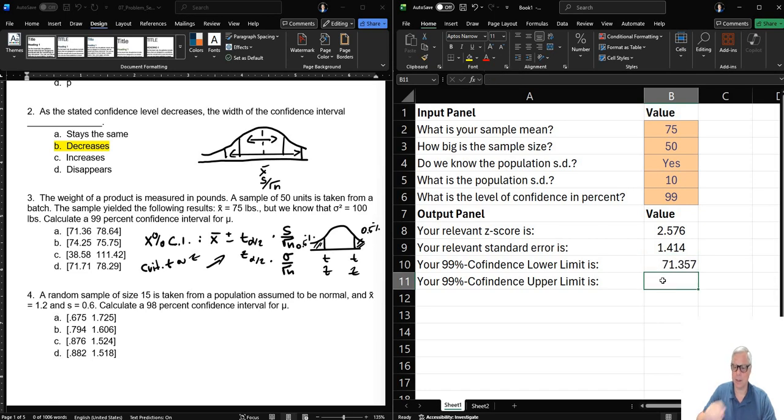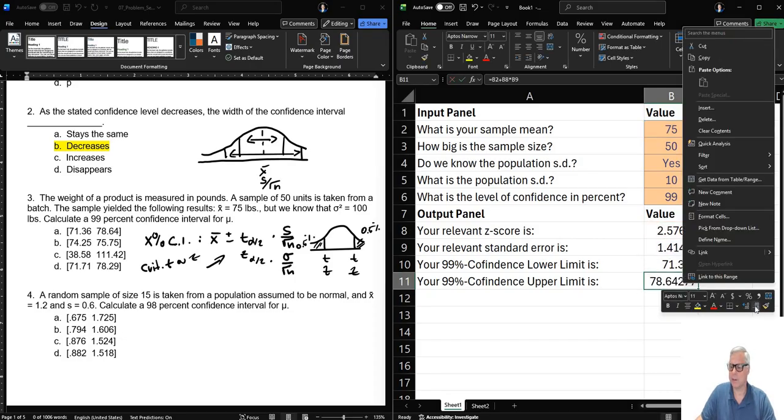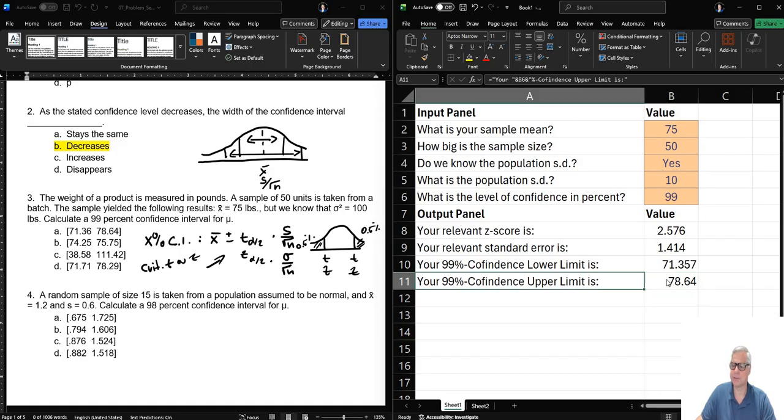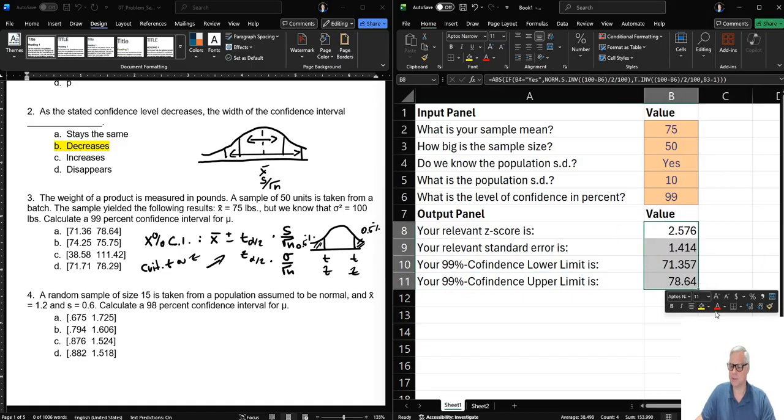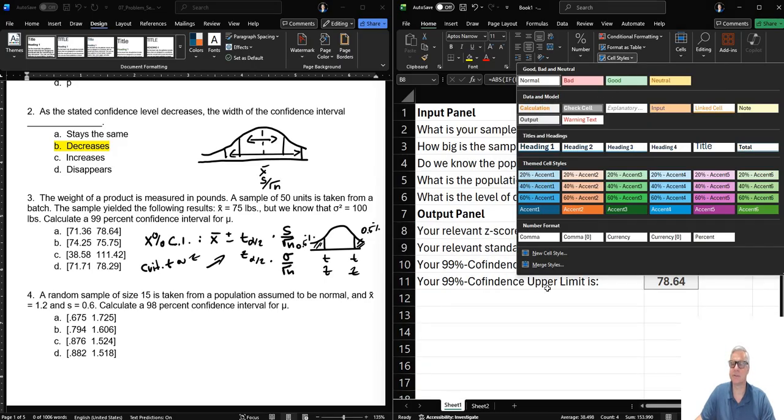And then we calculate the upper limit, which is equal to the sample mean, plus the relevant z-score in this case, times the standard error. And we limit that also to 3 decimal points. Make it look a little bit nicer by formatting everything. Okay, and now this is basically an output. We can say that cell style is an output.